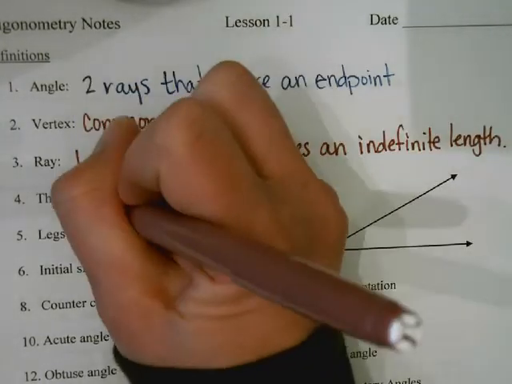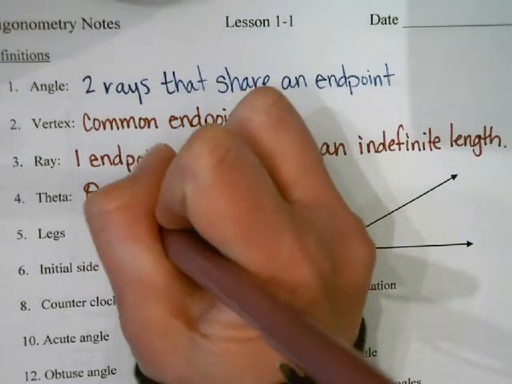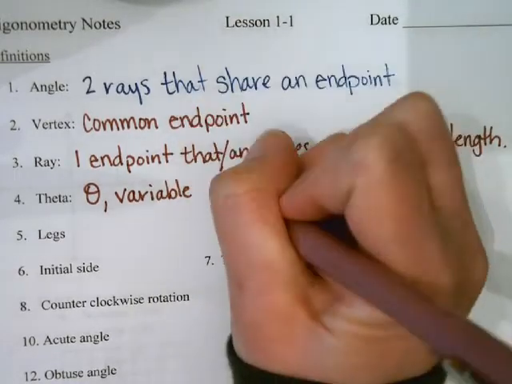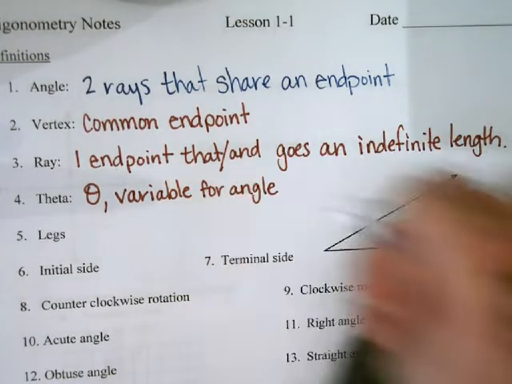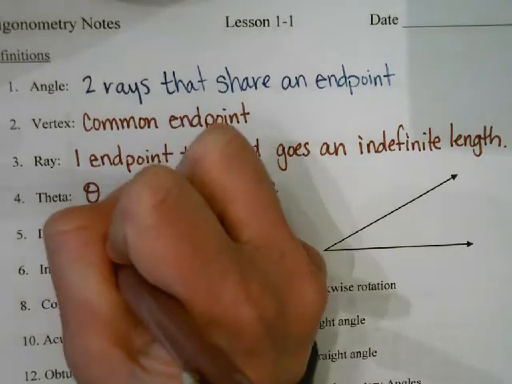Theta is a Greek symbol, and it's the variable that we use for angle when we're talking here in trig. Legs are the sides of an angle.